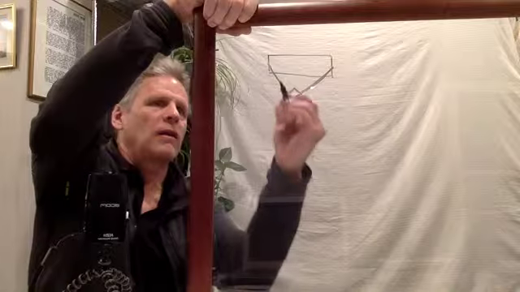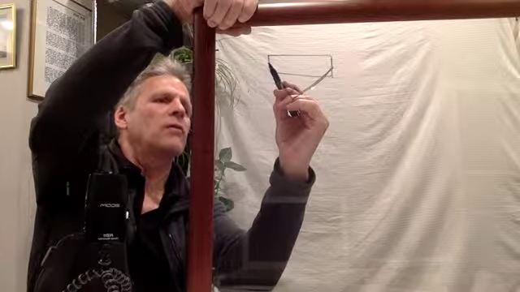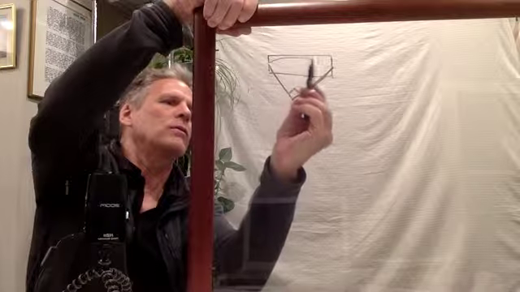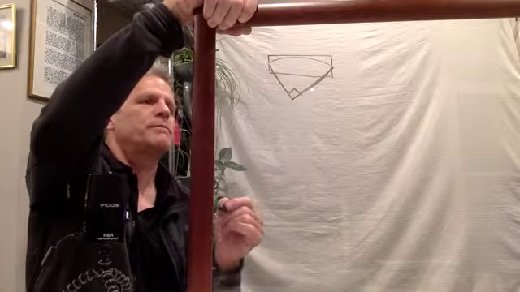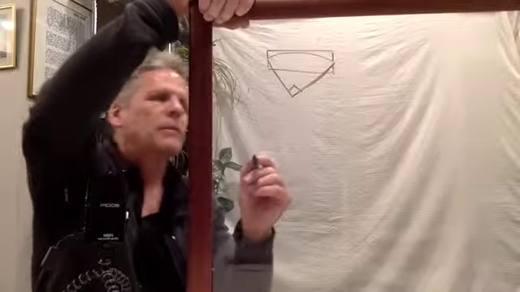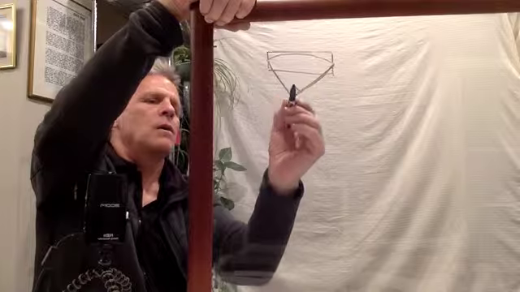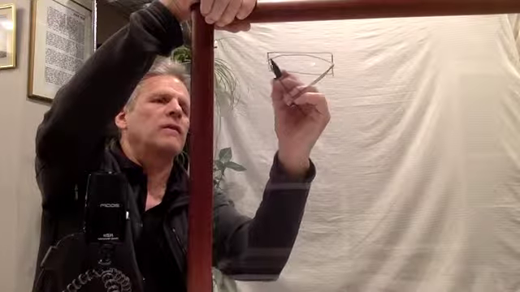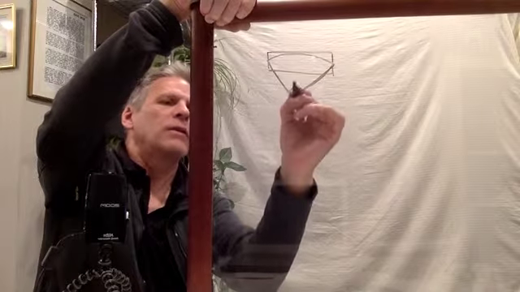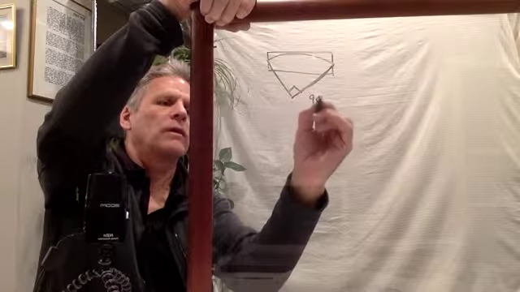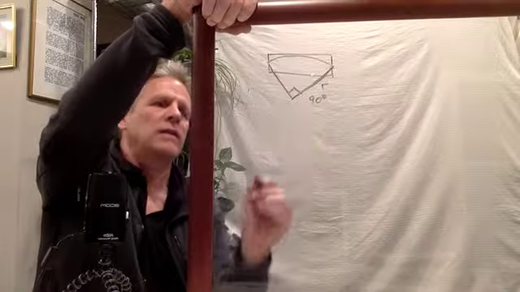What that means is this magnet is the center of a circle, and this distance here is whatever this angle is, which is 90 degrees, times this radius.